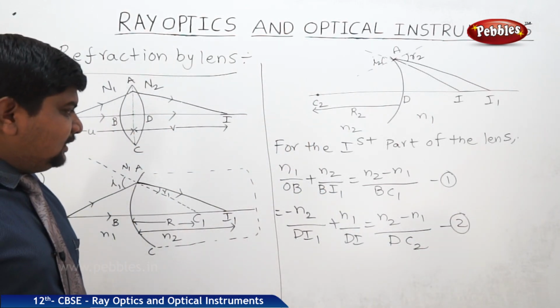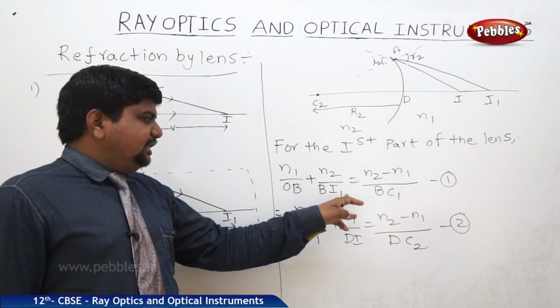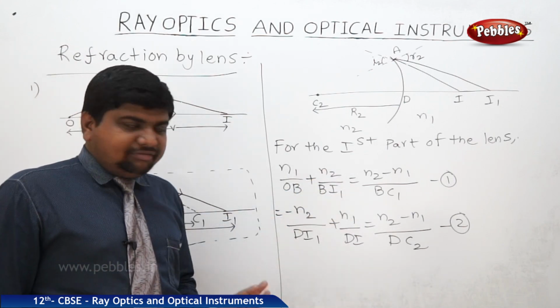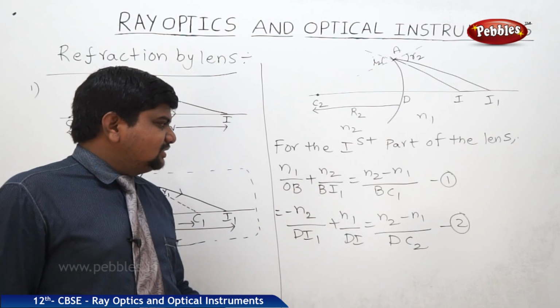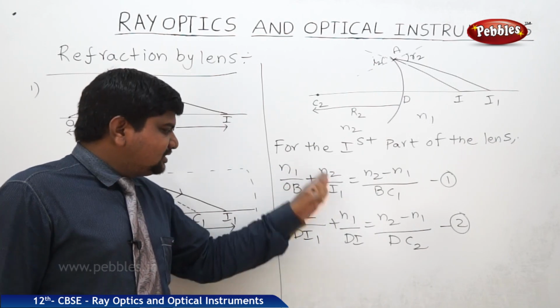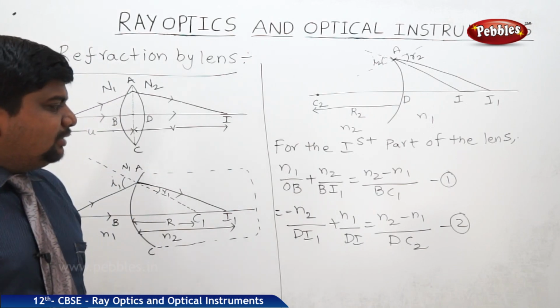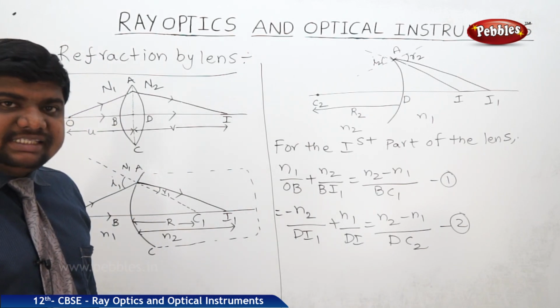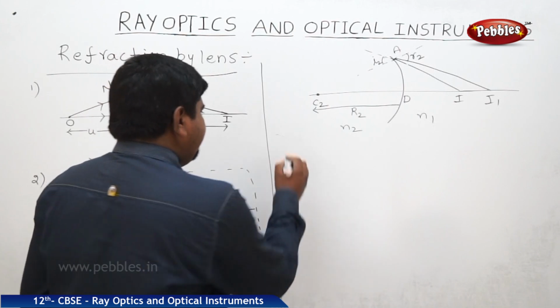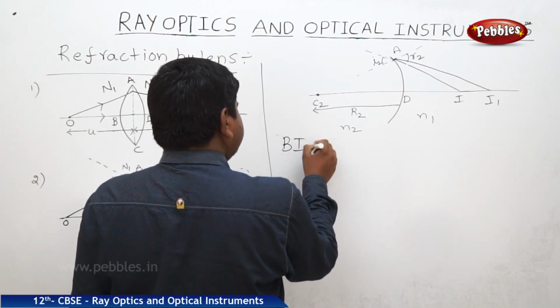And we know that BI1 is equal to DI1, and these two will get cancelled out. Therefore, we will get n1 by OB plus n1 by DI is equal to n2 minus n1 into 1 by BC1 plus 1 by DC2. So we know that BI1 is equal to DI1.